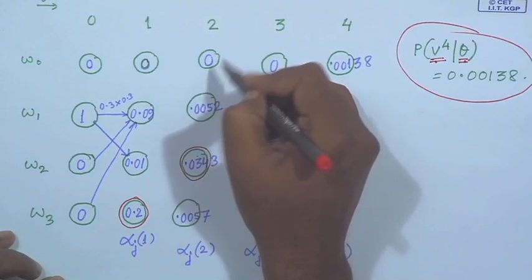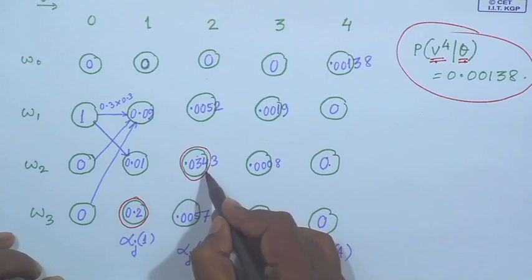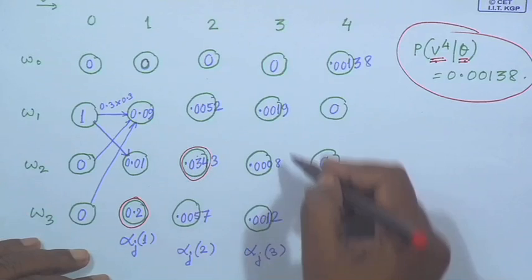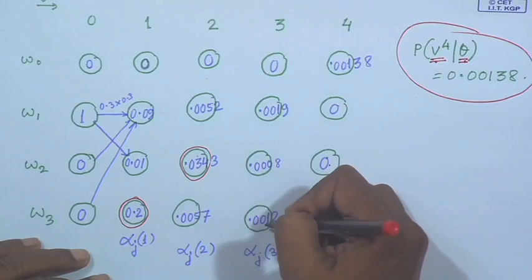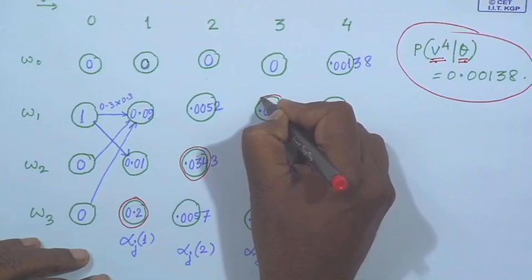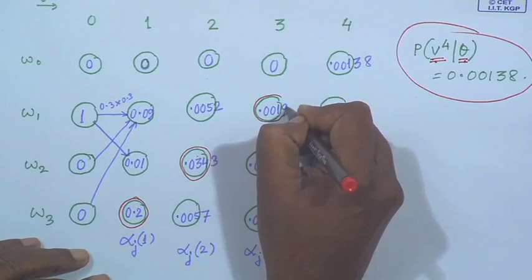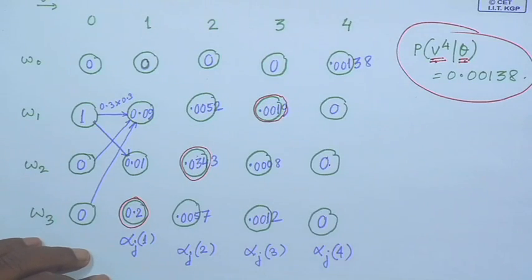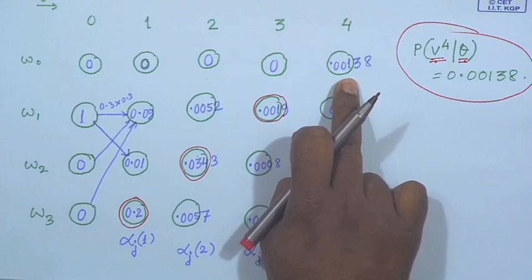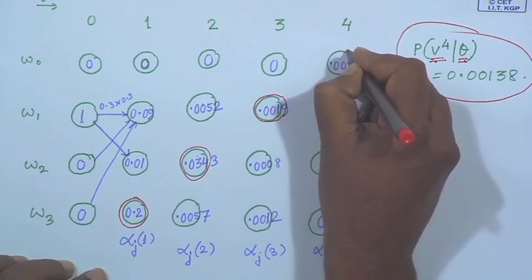Obviously, here we cannot reach. So, this is the most probable state after generating the first two symbols. Similarly, over here is the most probable state after generating the first three symbols, and obviously, the final state in the sequence is the absorbing state, or the final state, which is omega 0.